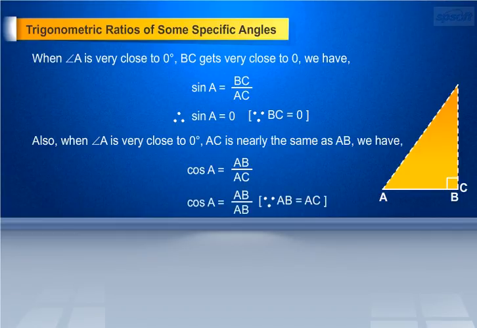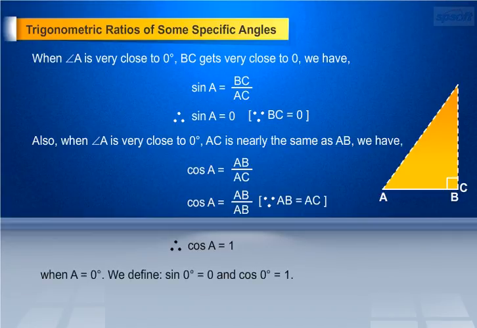This is equal to AB by AB, since AC equals AB. This is equal to 1. Therefore cos A equals 1. When A equals 0 degrees, we define sin 0 degree equals 0 and cos 0 degree equals 1.